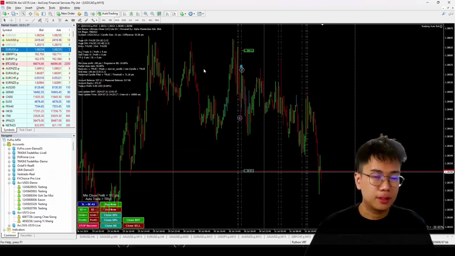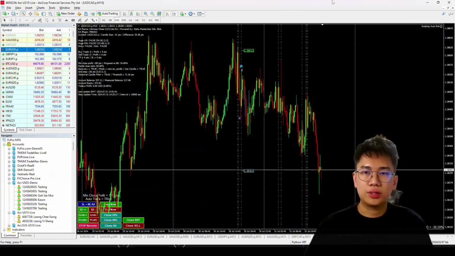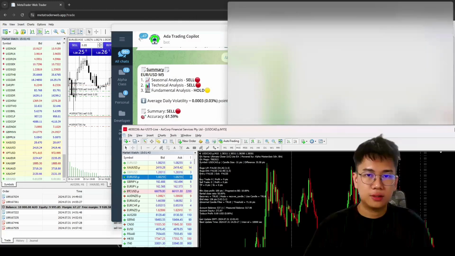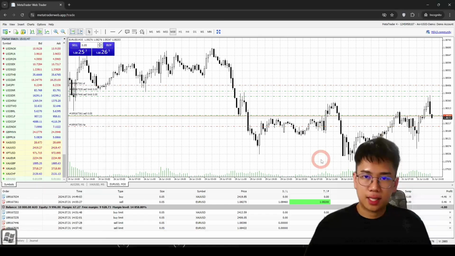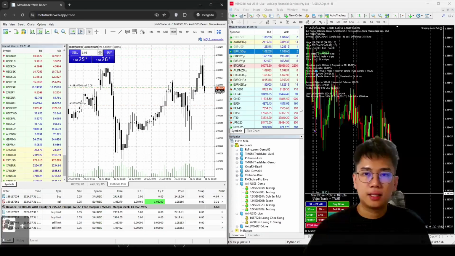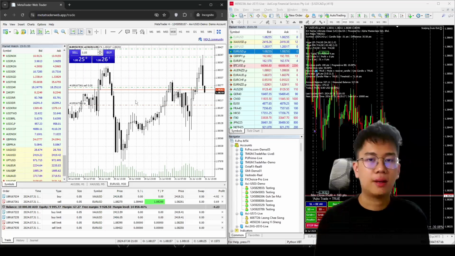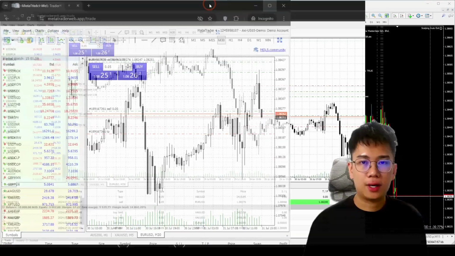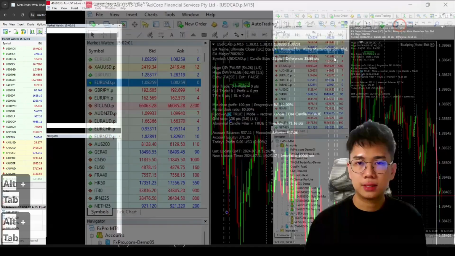The website version lets you trade very fast and easily, you can just log in and start to trade, but it lacks robot capability. With the local one, you can attach the robot.